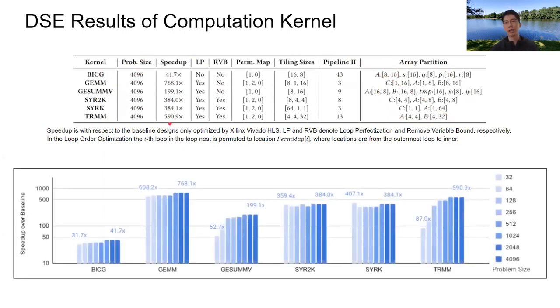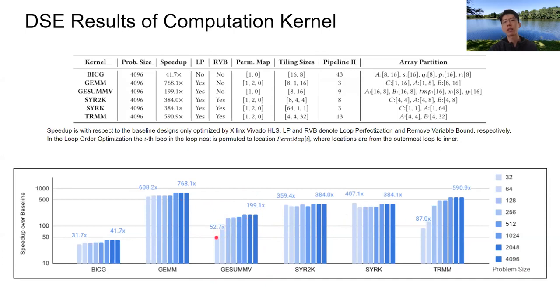And to evaluate the scalability of the DSE engine, we also perform a scalability test. Basically, we scale the problem size from 32 to 4,096. And you can observe actually for most benchmarks, the speed up is quite stable. And for the GESUMMV, MVT, and TRMM benchmarks, on small kernel sizes, the speed up is significantly smaller than the larger problem sizes.